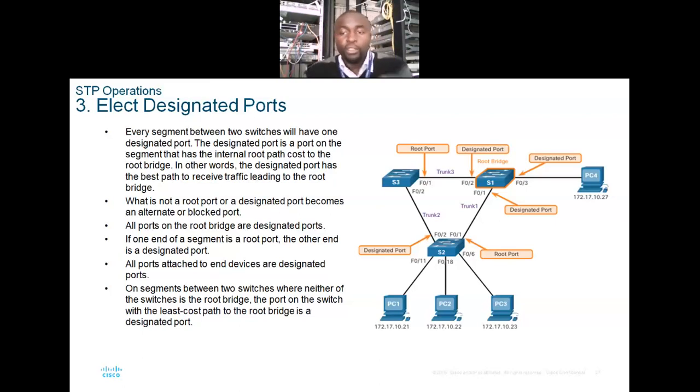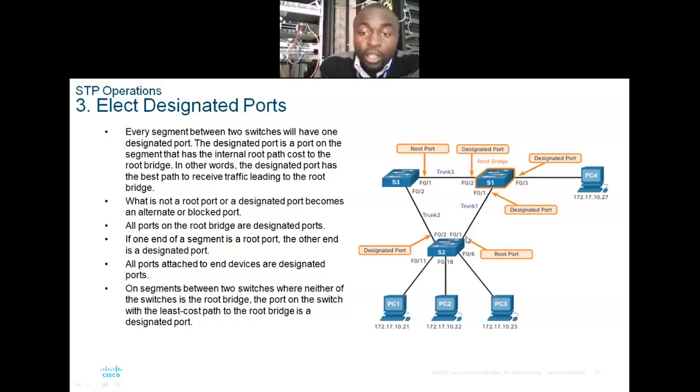For instance, I have the root bridge here, and in this root bridge, all the ports are designated. This port here is designated, this is designated, this is designated. Now, if I come to switch 2, this one is already determined as my root port.